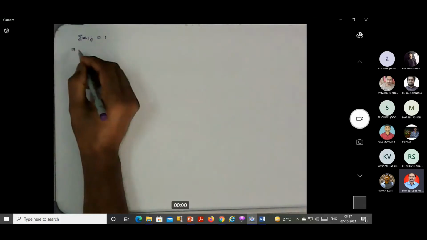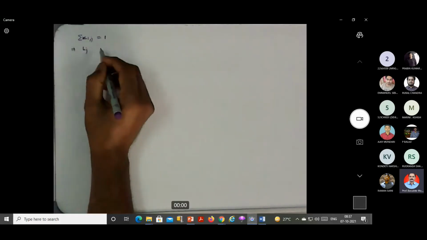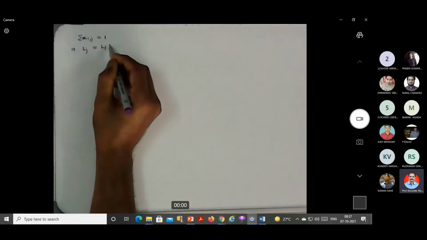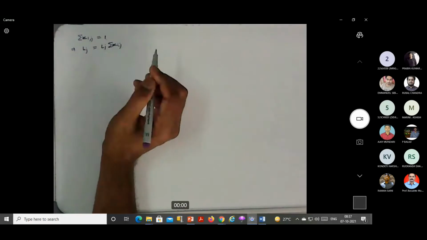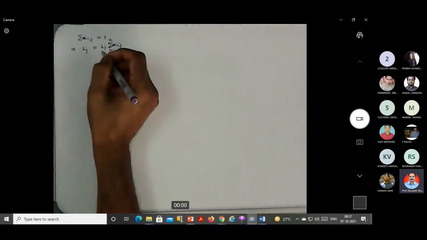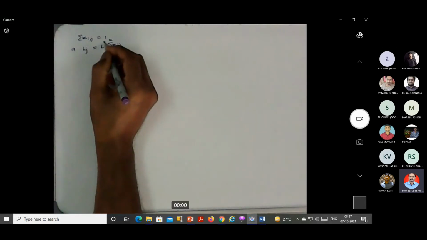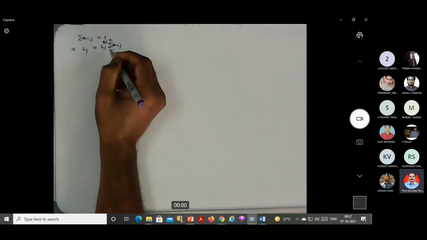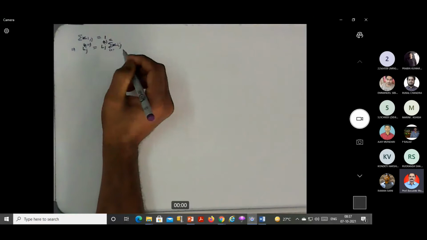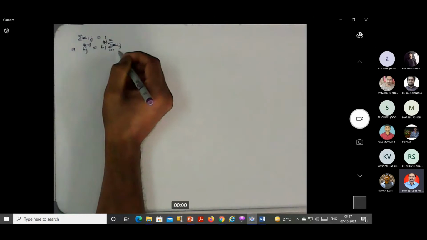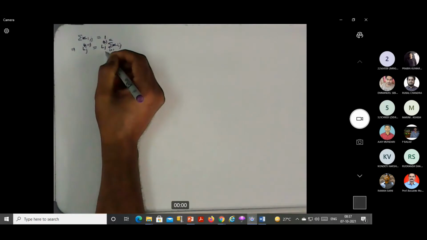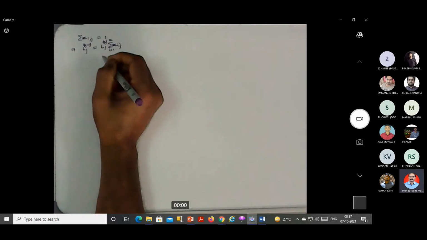Multiplying both sides by Lj, we can write Lj into 1 gives Lj into sigma Xij, i equal to 1 to C. Now this Lj, let us consider it as the previous iteration level Lj, and this is the modified Lj. If sigma Xij is equal to 1, then we get Lj(k+1) equal to Lj, right? So there is no modification of Lj.